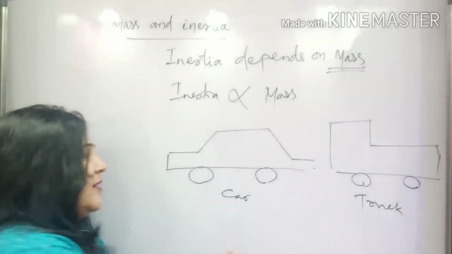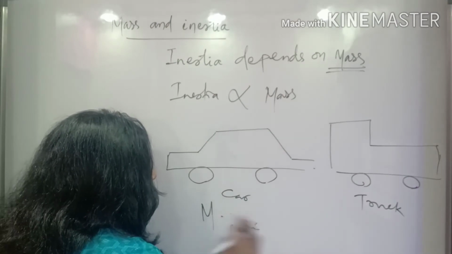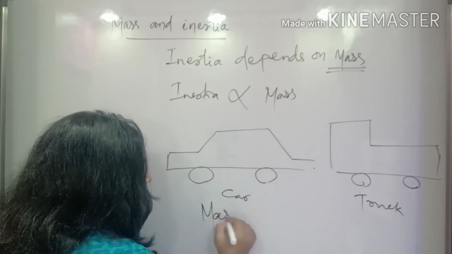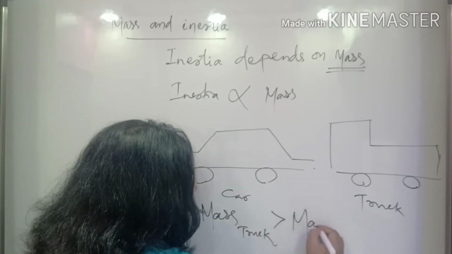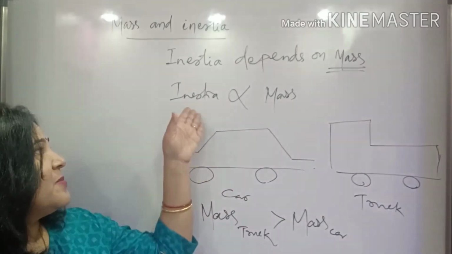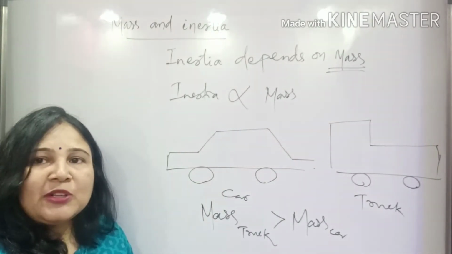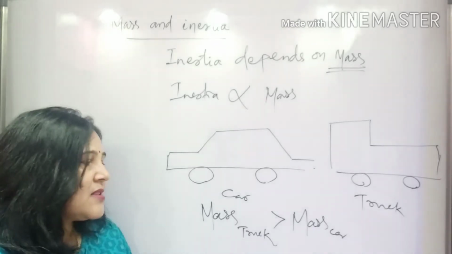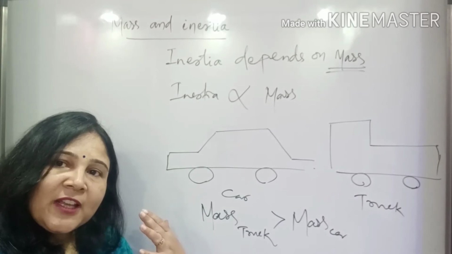The mass of the truck is greater than the mass of the car. As per this relation, inertia is directly proportional to mass, or it depends on the mass. So that means the heavier the mass, the more will be the inertia.